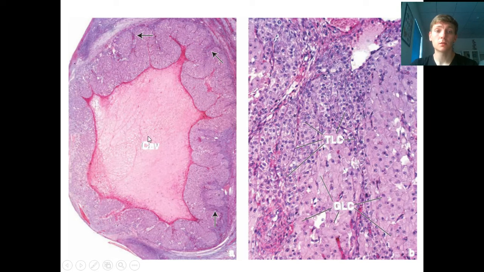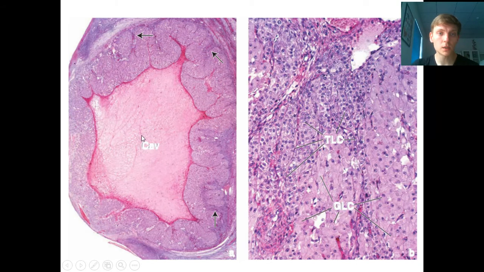So this is the structure of the corpus luteum. The cavity inside, in the early stage, contains blood, because rupturing of the Graafian follicle is accompanied by rupturing of capillaries, and that's why blood leaks inside and remnants of blood still remain.